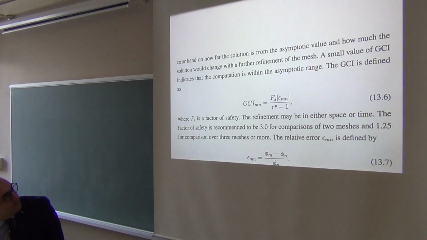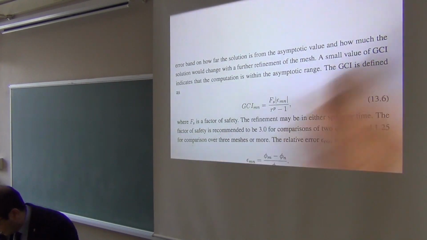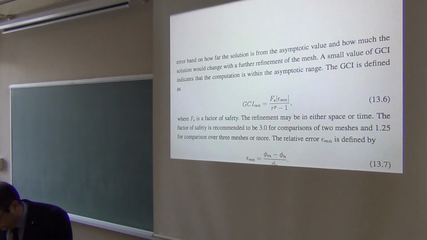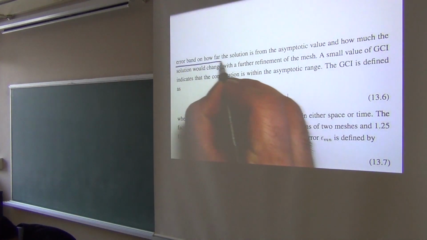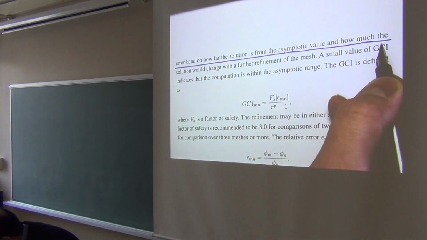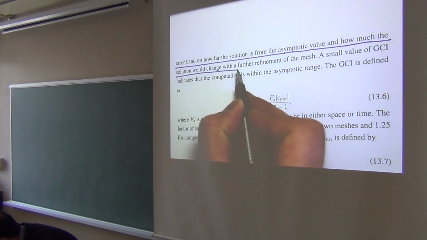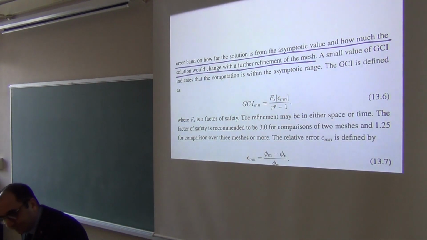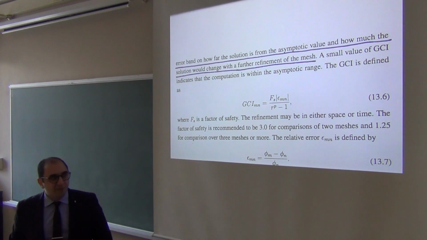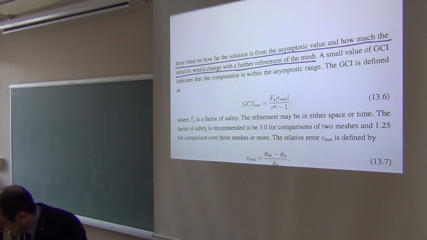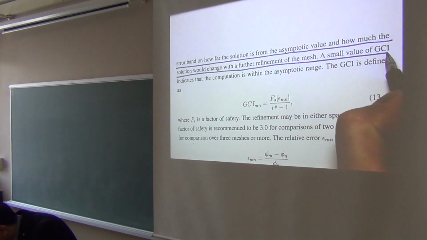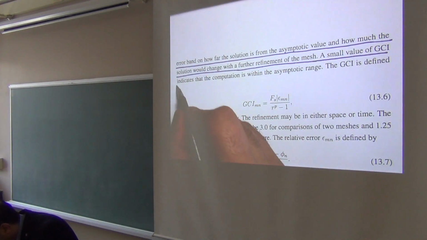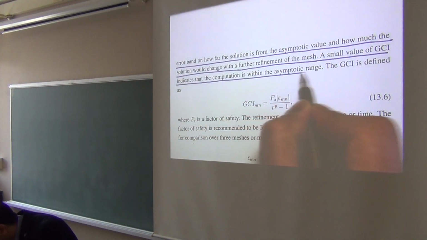It indicates an error band on how far the solution is from the asymptotic value and how much the solution will change with a further refinement of the mesh. Again, it only tells you how close you are. A small value of GCI indicates that the computation is within the asymptotic range.